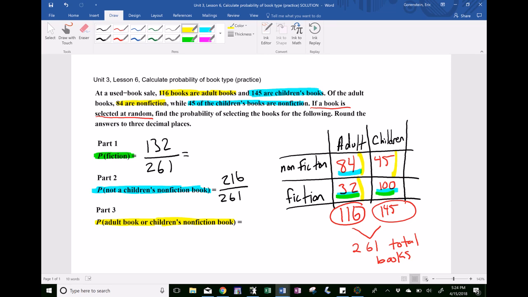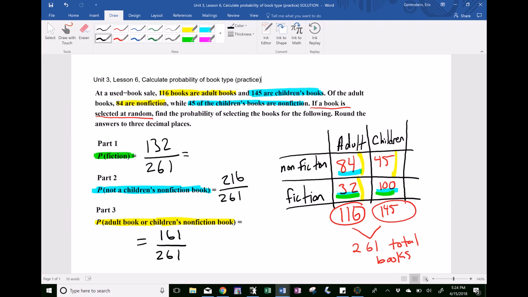Add up those 3 numbers, and we get 84, 32, 45, which is 161 divided by 261.